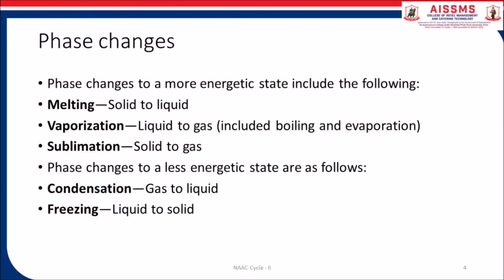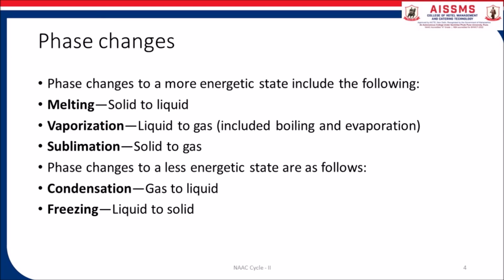Next, the phase changes to a more energetic state include the following. First one is melting, that is, from a solid phase to a liquid phase. The next one is vaporization, also called evaporation, where a liquid changes to a gaseous state, which includes boiling and evaporation. The last phase is sublimation, which is from solid directly moving to the gaseous state.